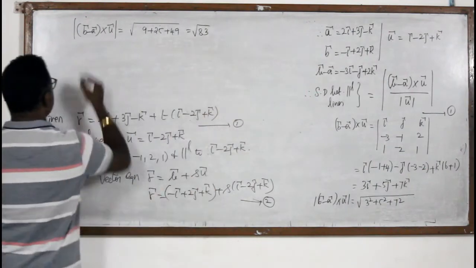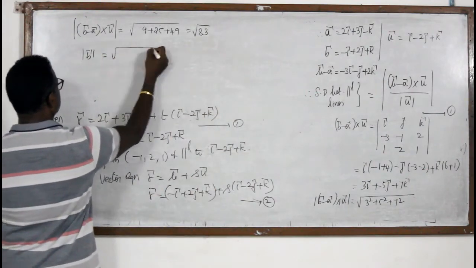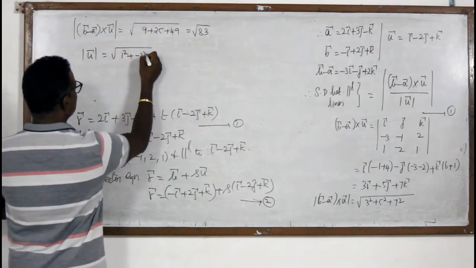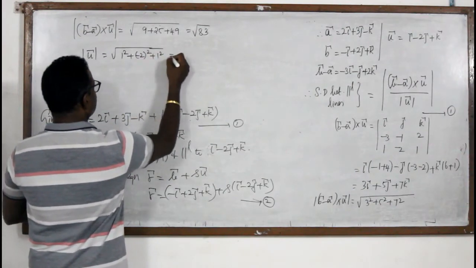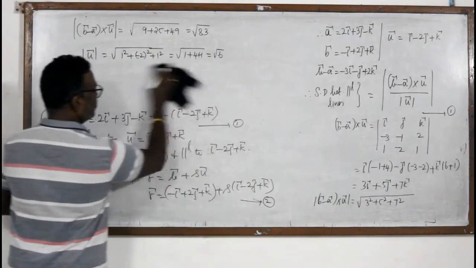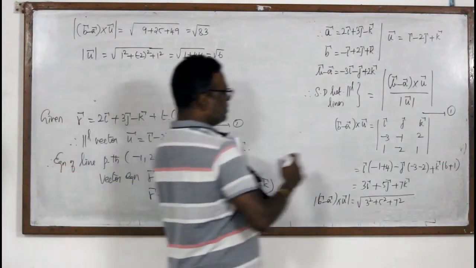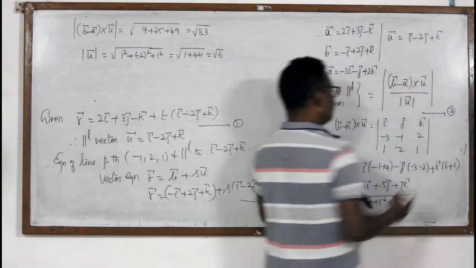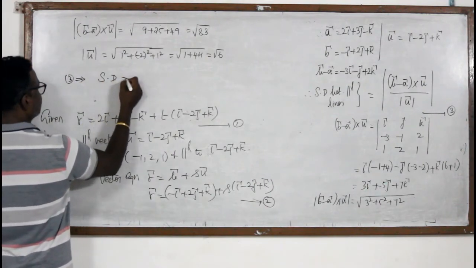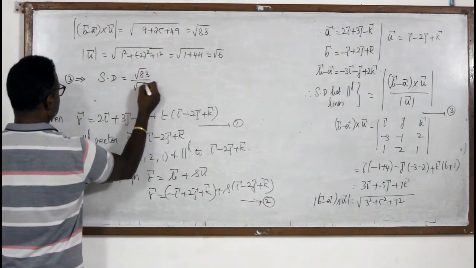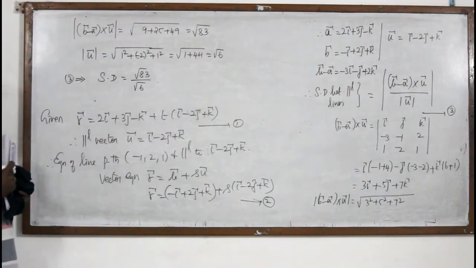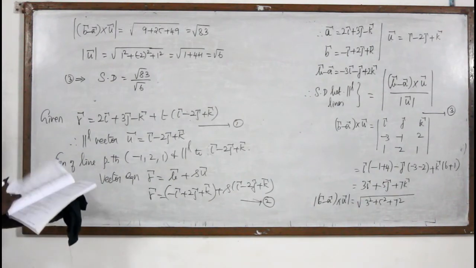And therefore, the modulus of u is root of 1 squared plus minus 2 the whole squared plus 1 squared. It is 1 plus 4 plus 1, which is root 6. Therefore, we kept already 1 and 2, so we should keep that one as 3. Therefore, the shortest distance is root 83 by root 6, or root of 83 by 6. You can leave it like this. This is the shortest distance between these two lines.